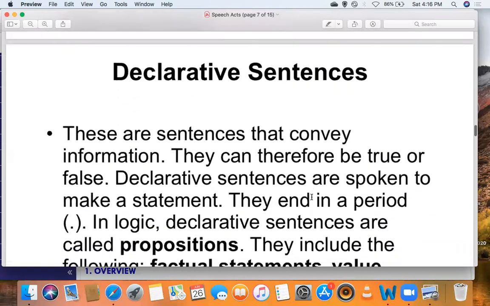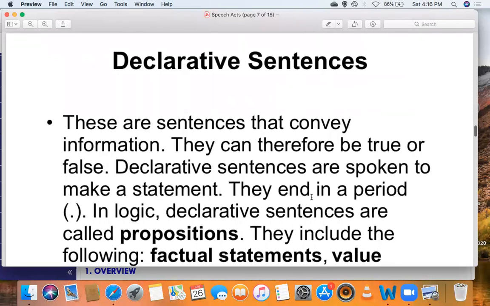Then we have the declarative sentences, or the declaratives. Declaratives are sentences that convey information. So they can therefore be true or false. This is a third kind of speech act. We had said that interrogatives are generated to solicit information, and imperatives are spoken to solicit action.